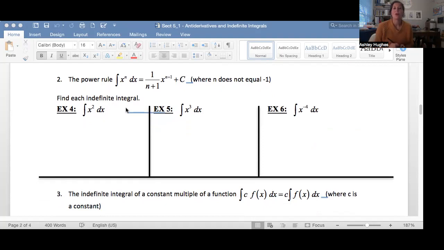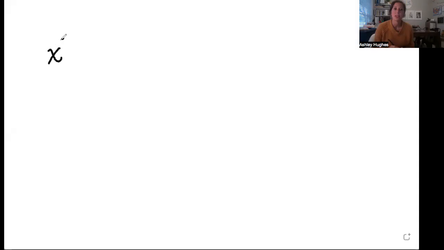It's the power rule for integrals. And so what you do here is the opposite of what we did when we took the derivative. So I'm actually going to write out several examples here.